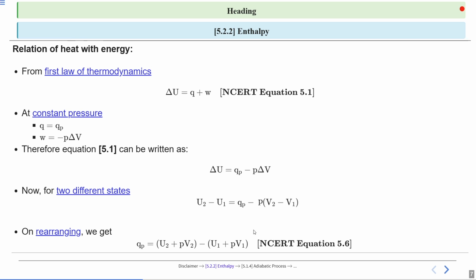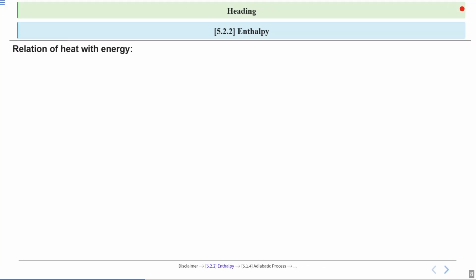Now what can we do with this equation? Is there anything we have seen similar to this equation? Yes. That equation is of enthalpy. We know that H is equal to U plus PV.